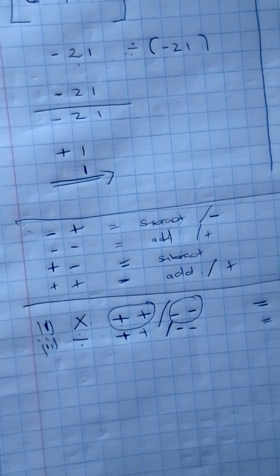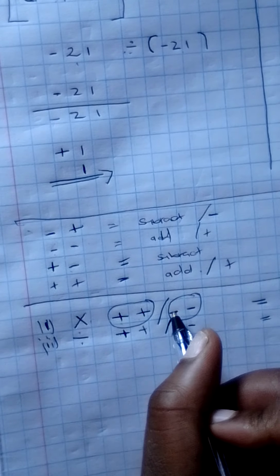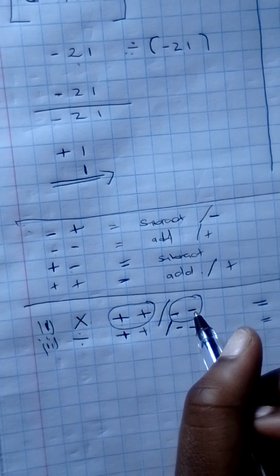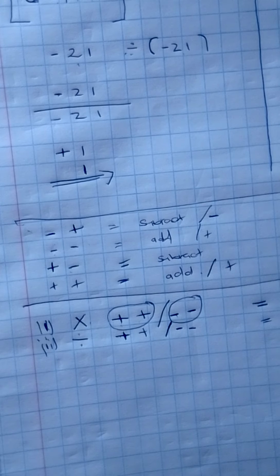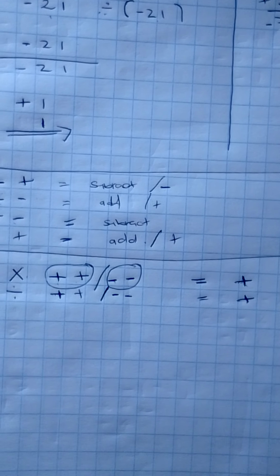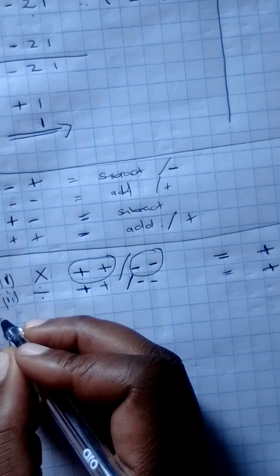Whenever you multiply two numbers, the other one has got negative sign and the other one has got negative sign, your answer should have a positive sign, right? Okay, let me write it here.